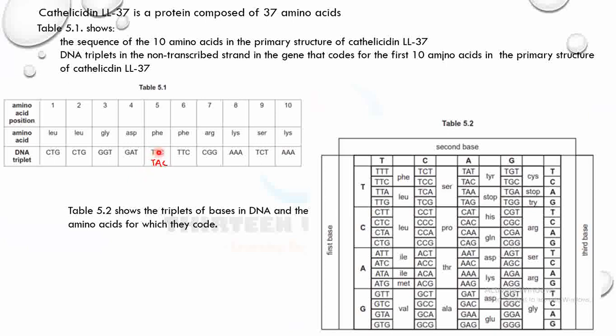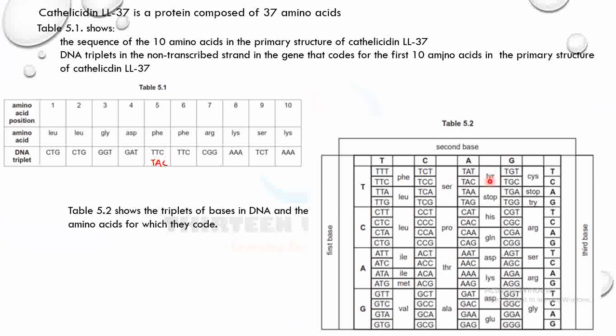Remember TTC, which amino acid is TTC? Let's come here. TTC is phenylalanine, but after mutation it changes to TAC, which is this. TAC is serine, right? No, okay, it's not serine, it's tyrosine.